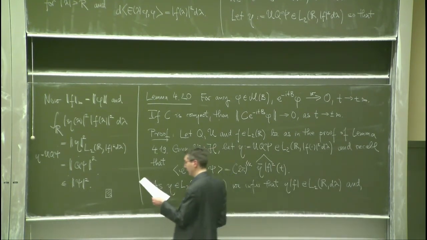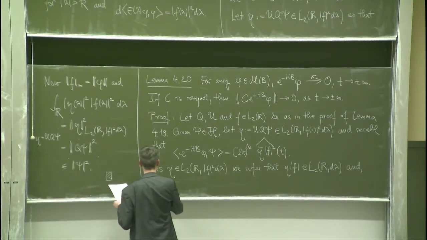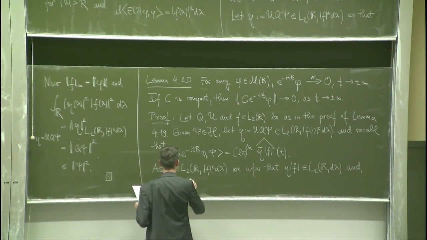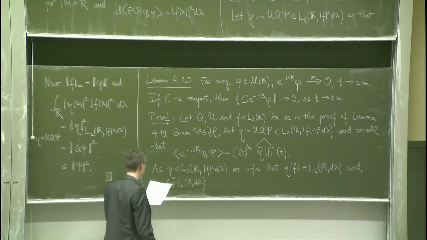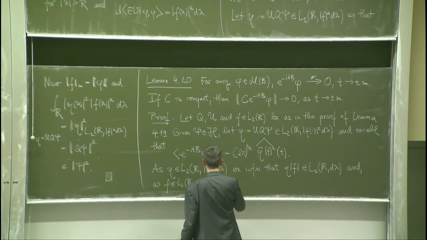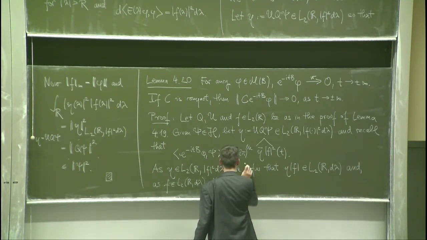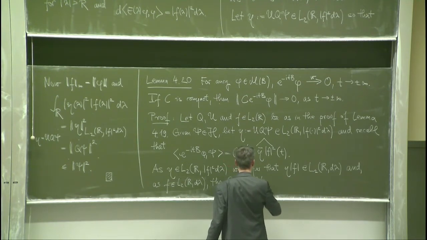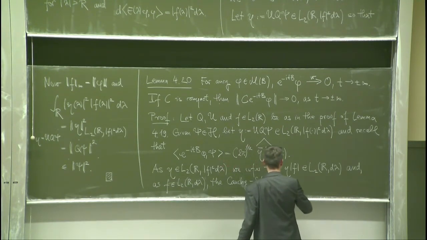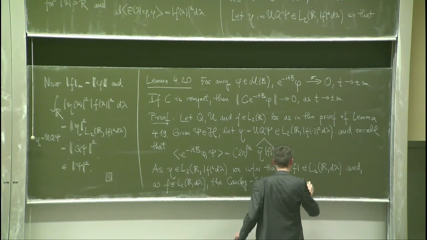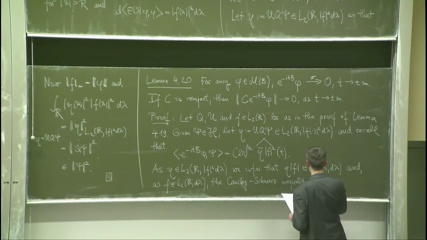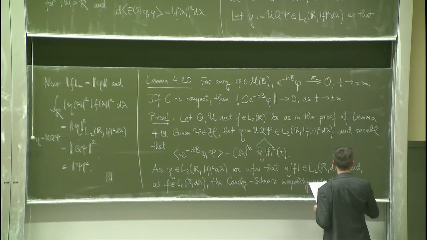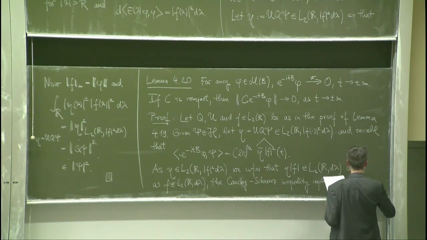And as f is in L2 of R equipped with the Lebesgue measure, the Cauchy-Schwarz inequality implies that eta absolute value of f to the power of 2 is in L1 of R with the Lebesgue measure.